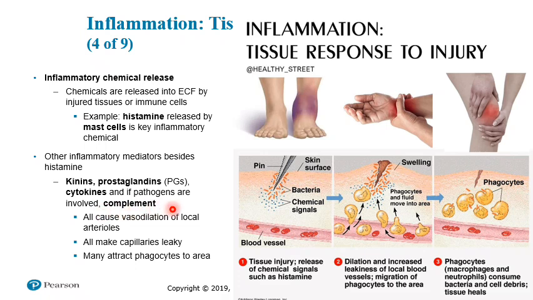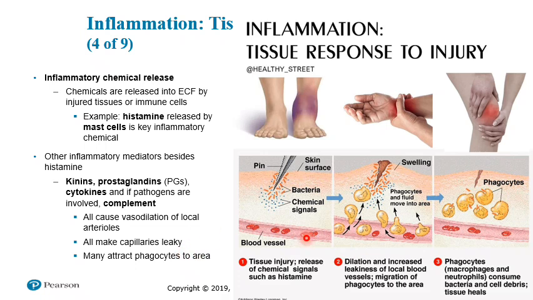And if pathogens are involved, if there's bacteria causing your inflammation, then the complement system will be stimulated. All of this can cause vasodilation of arterioles, and that's why it's red. It will make the capillaries leaky, so plasma can get into the inflamed part.